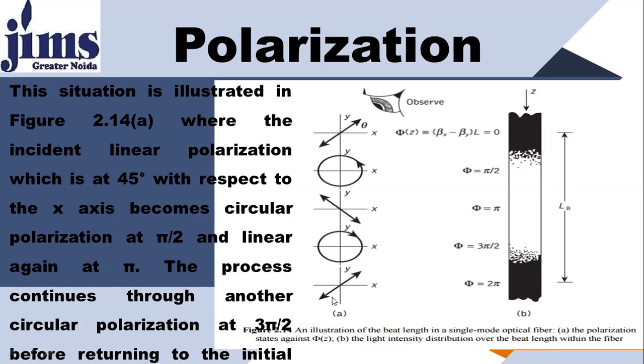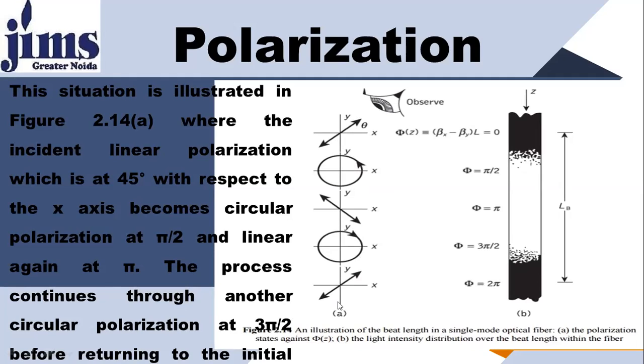So this is linear in that direction, then becomes circular clockwise, again linear in the opposite direction to what we had in the initial stage. Now it again becomes circular, but this time opposite to the previous one. If this was clockwise, this becomes anti-clockwise, and again changes its polarization state to become the same state.